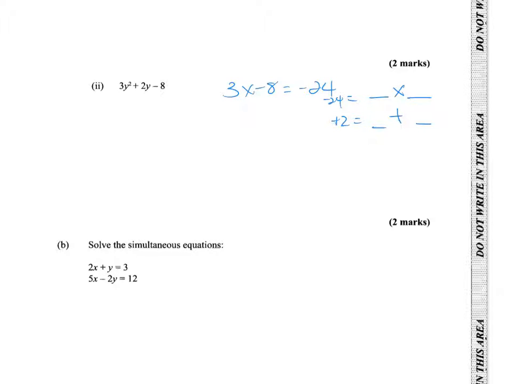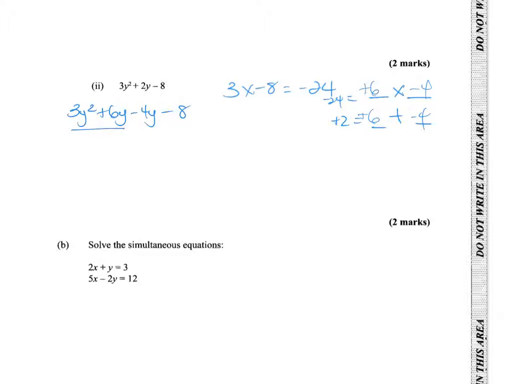And the two numbers would be positive 6 and minus 4. So we'll get 3y squared plus 6 minus 4 minus 8.